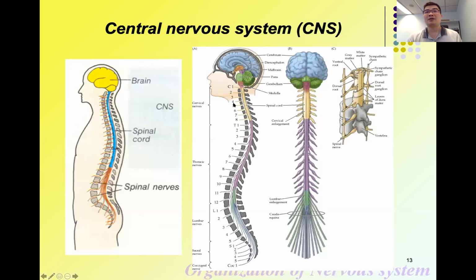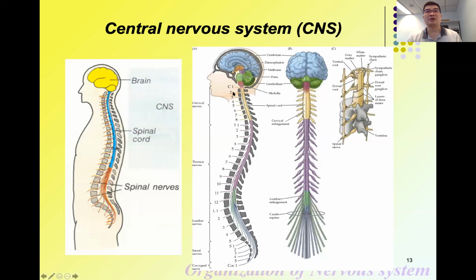However, at each section there are nerves coming out from the vertebrae. Can you see that? Okay? But the spinal cord does not go all the way down to the bottom. So that's the reason why, when we divide the spinal cord into different sections, it is according to the nerve coming out from the vertebrae.